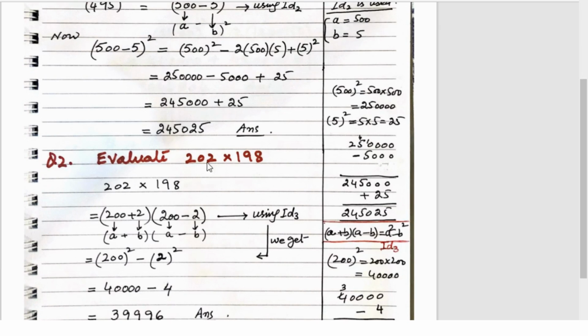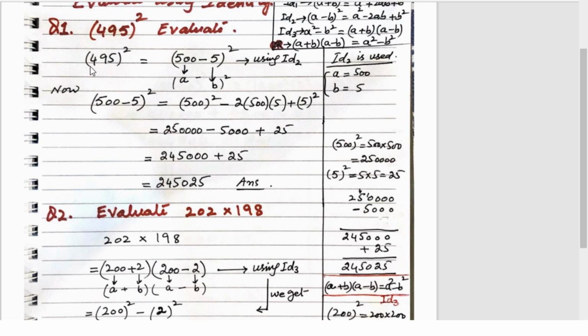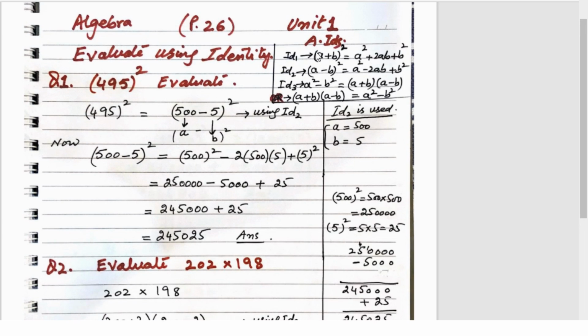Now 202 multiplied by 198, there is no square involved. Look at this. In question number 1, 495 square, a square is involved. So this square helps us in selecting the suitable identity out of these two. These two are perfect squares, a plus b whole square, the first identity, and second identity a minus b whole square.